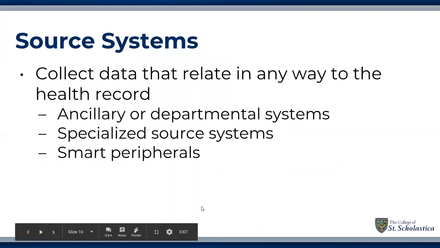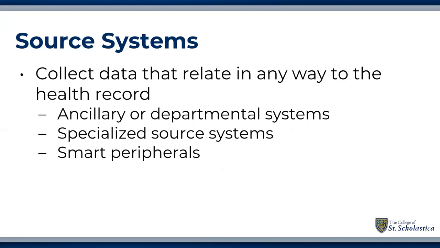All right, so let's talk a little about the source systems. Source systems collect data, including administrative, financial, and clinical data that contribute to the health record. Some examples of basic source systems include ancillary or department systems such as a lab information system, a pharmacy information system, or a radiology information system.